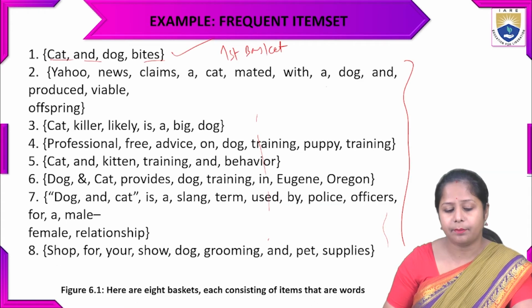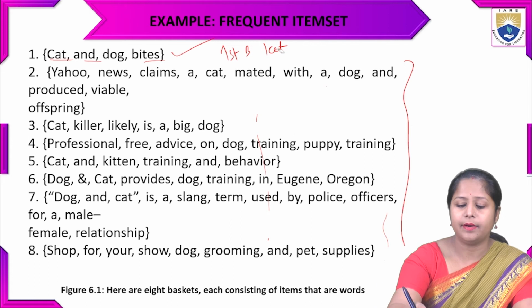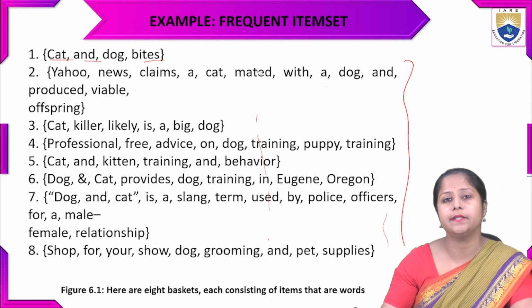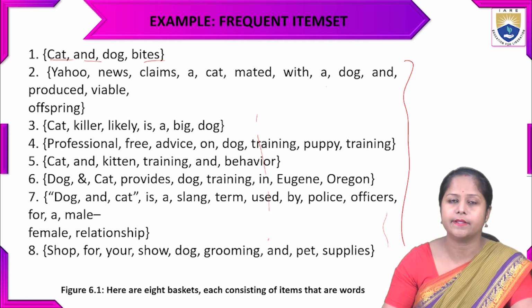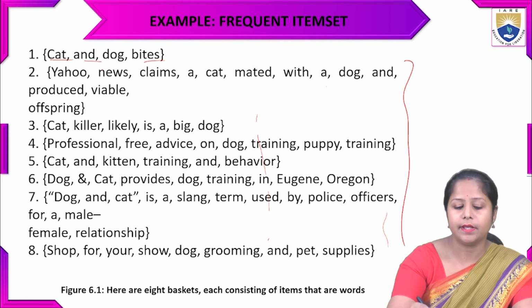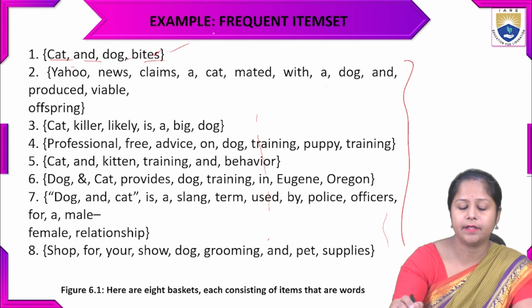For the first basket, we check whether cat, dog and bites appear in the other baskets. Here, cat, dog and bites are in the first.